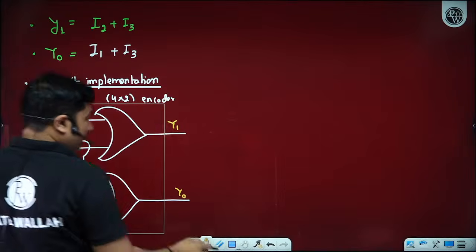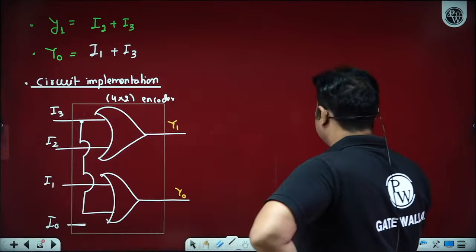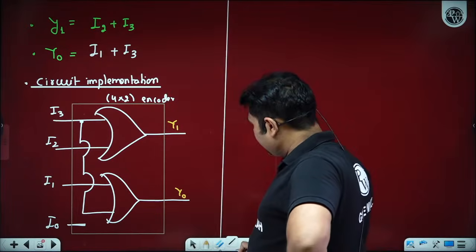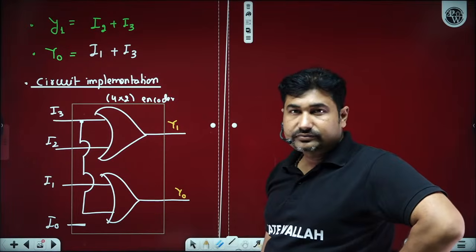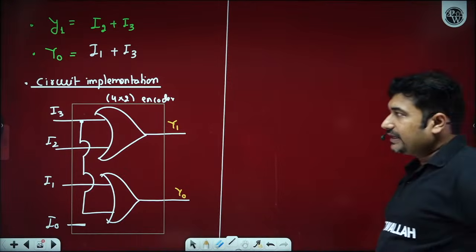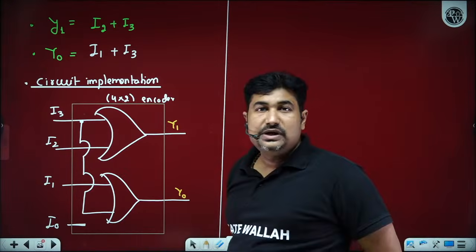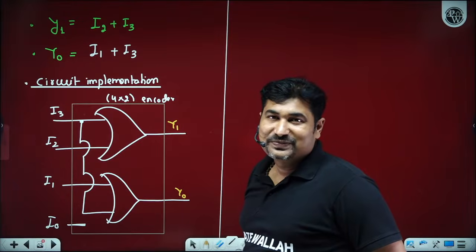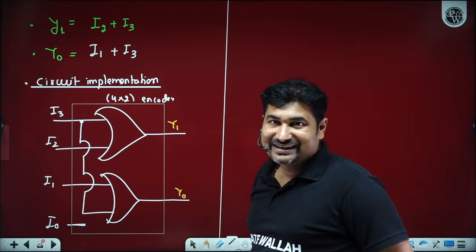How many of you able to understand up to this part, beta ji? Can you please let me know by writing in the comment section? So encoder contains only OR gates. Can I say encoder contains only OR gates? Is it okay? Great, sir.